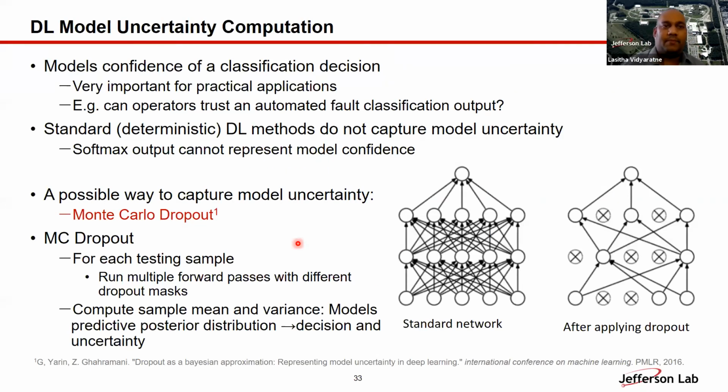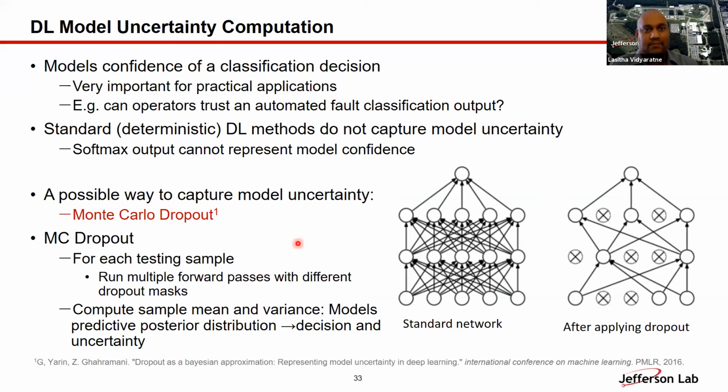With the deep learning model setup, we also wanted to obtain an uncertainty computation measure. A model's confidence or uncertainty of a classification decision can be quite important for a practical application such as the one that we aim at.